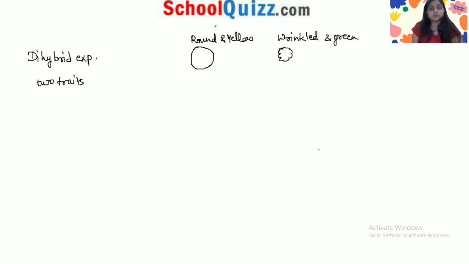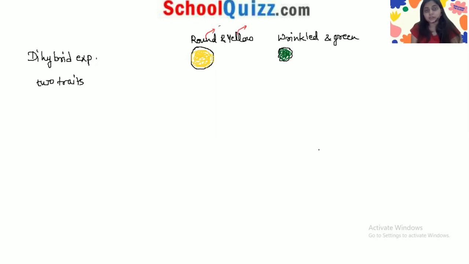So this is yellow, and this is green. In the seed, two traits are there. The first one is round and the second one is yellow.